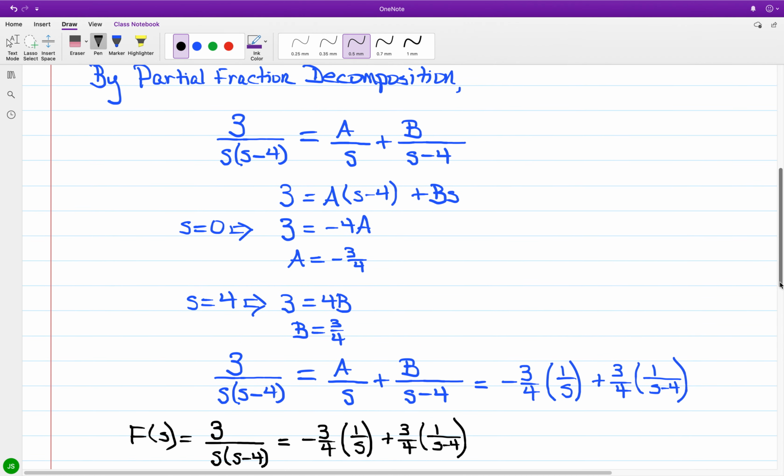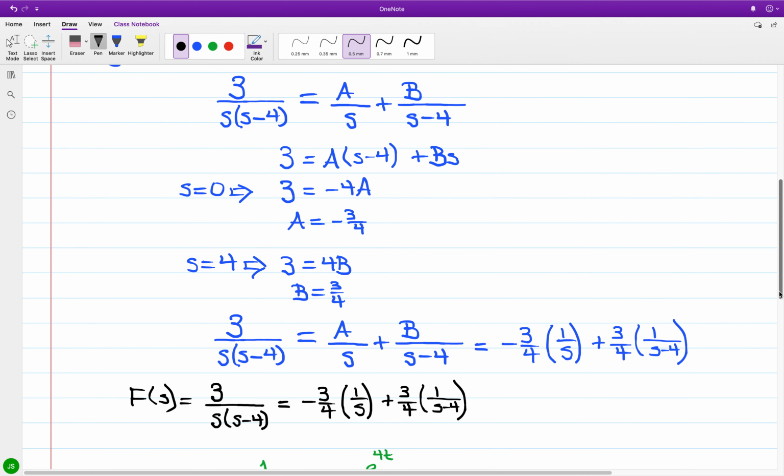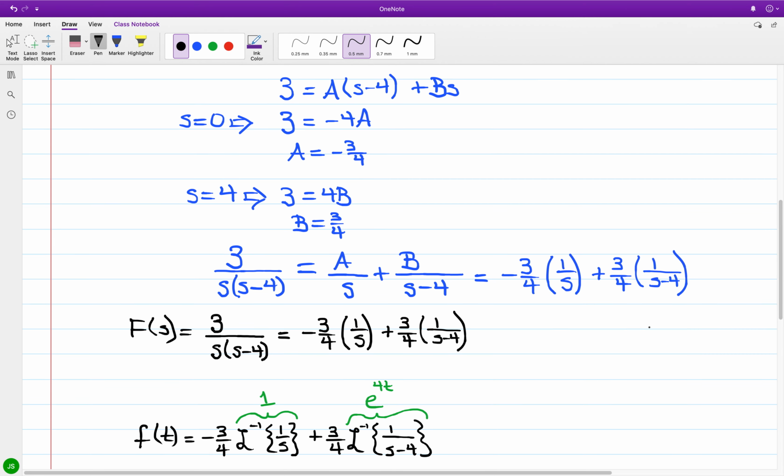Going back to what we have here, we have the sum of partial fractions, and now we're looking for the inverse Laplace transform. We have negative 3/4, extracting the multiple, of the inverse Laplace transform of 1 over s, and the inverse Laplace transform of 1 over s is 1.